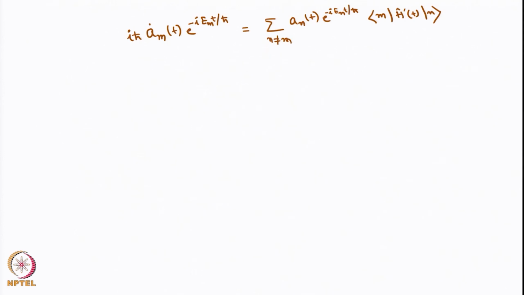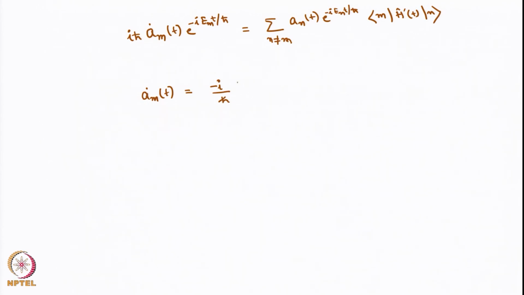Okay. Now I can slightly rewrite it as a_m dot t equals to, if I take i to the other side, it will become minus i. So minus i by h bar, and e to the power of minus i E_m t by h bar will become, on the other side, e to the power of plus i E_m t by h bar.